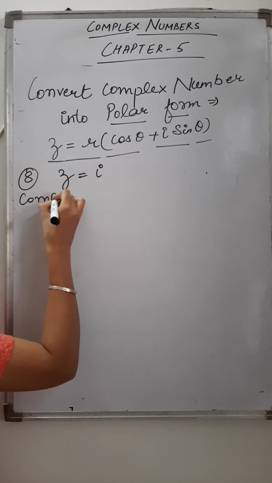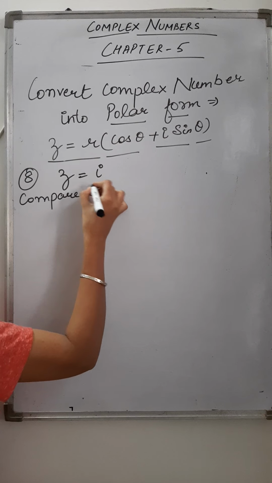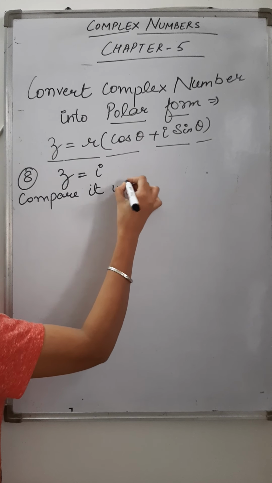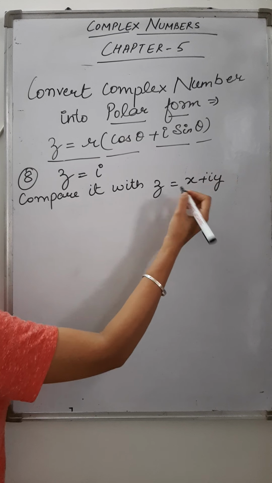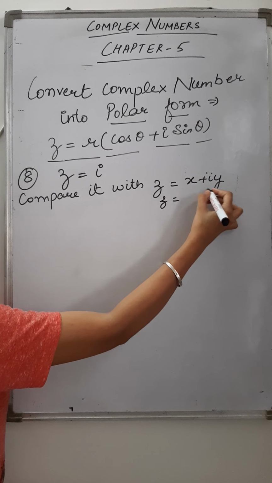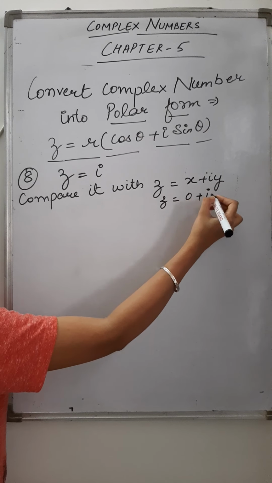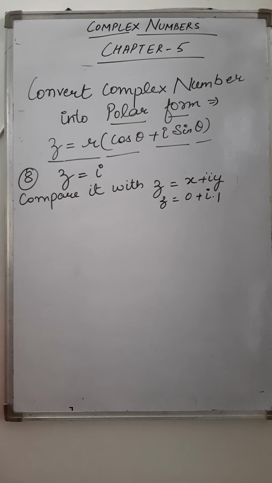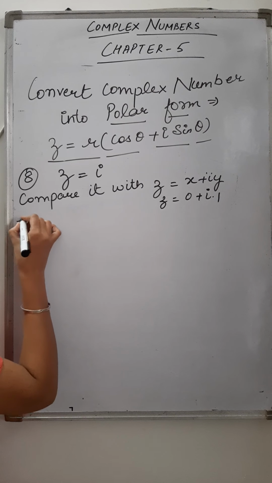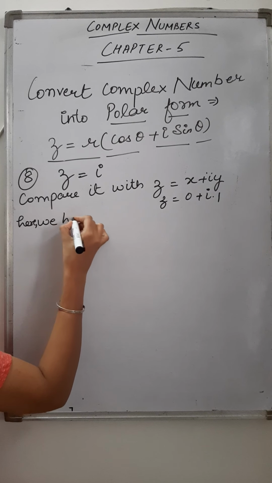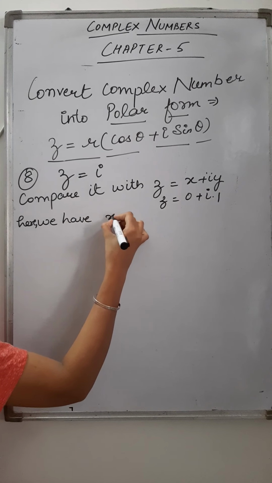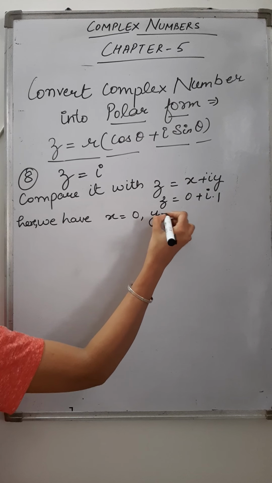Compare it with z is equal to x plus iota y. You have z is equal to 0 plus iota into 1. So here we have x is equal to 0 and y is equal to 1.